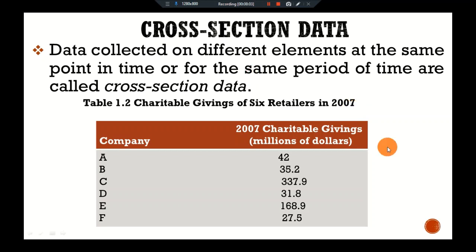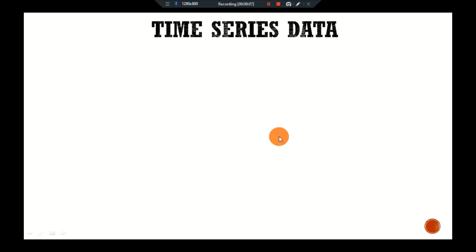So this is our cross section data example. Time series data. Time series data contains information on the same element for different periods of time. Information on any type of variable, that may be the exports, imports, over the time when we get this information is an example of time series data.